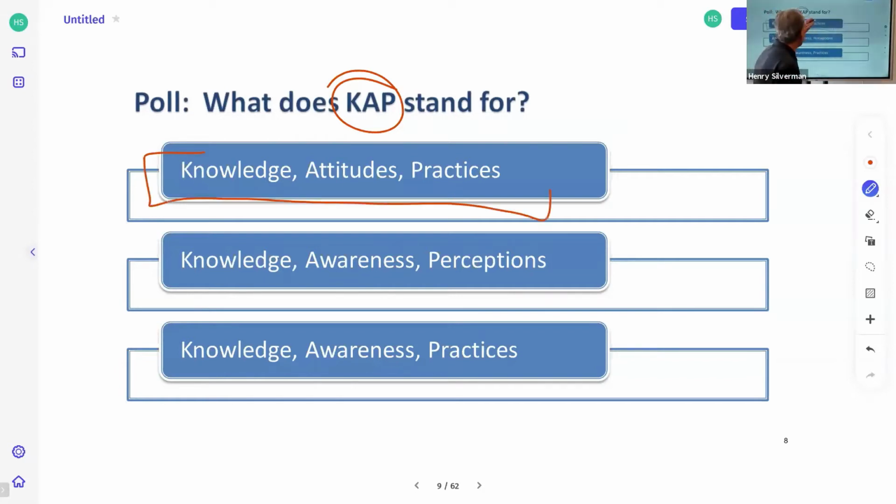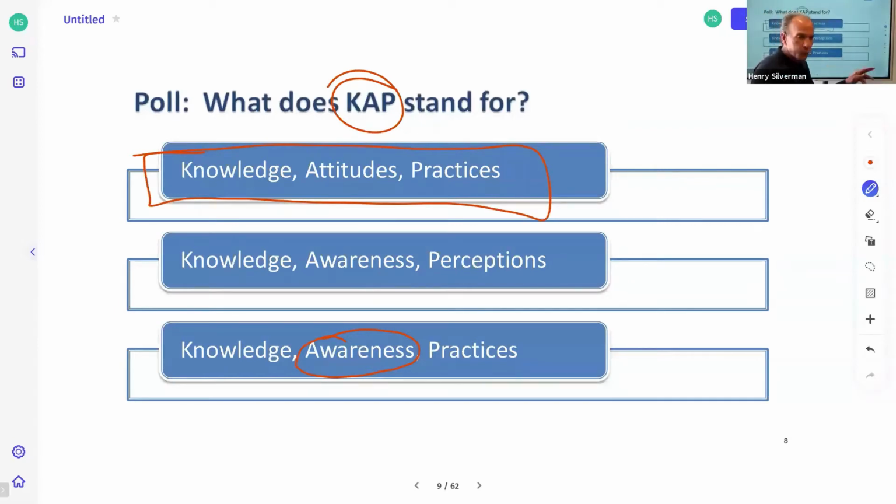I think routinely it stands for knowledge, attitude, practices. Now, we sometimes want to assess awareness, though we may want to go over what's the difference between knowledge and awareness.